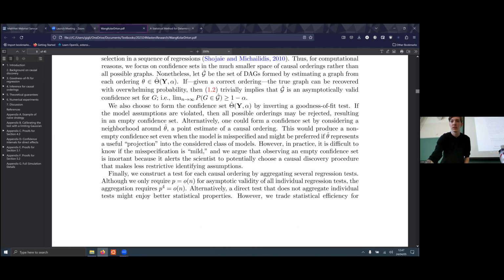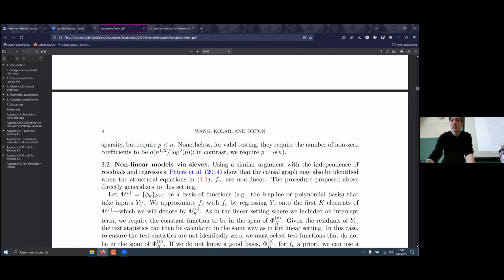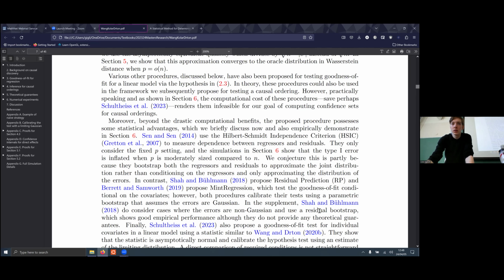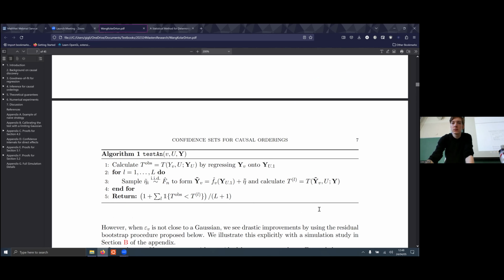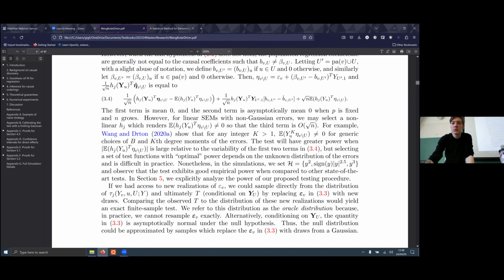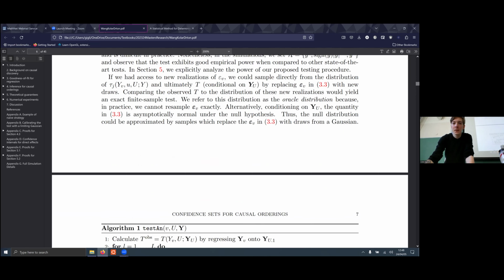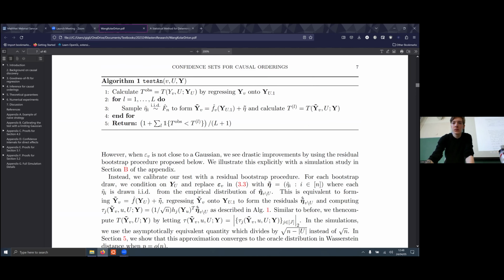That's the main thing. If we say that it's not Gaussian, then implying the direction is very simple. However, when epsilon is not close to Gaussian, we see drastic improvements by using the residual bootstrap procedure proposed below. Yeah.